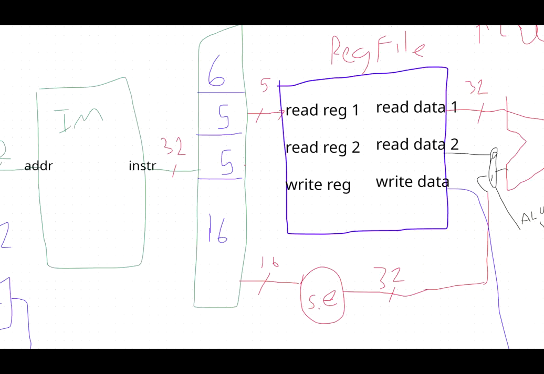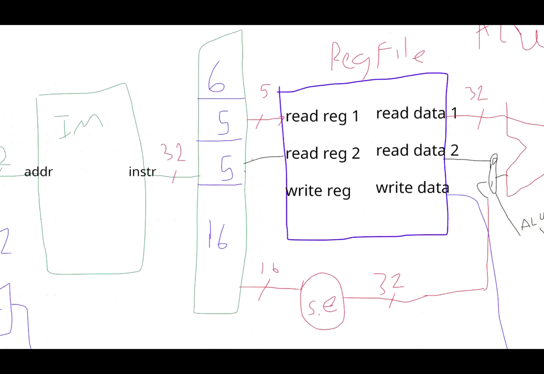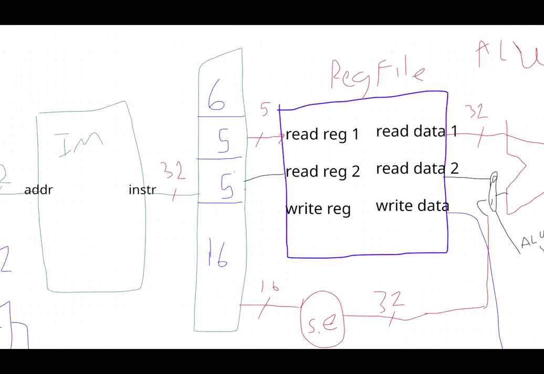Yeah, because with the branch, right? A branch has the same structure, the 6-5-5-16 structure, but with the branch we go here. With the load, we go here. So the multiplexer helps toggle which register or which port this register would go to, right?